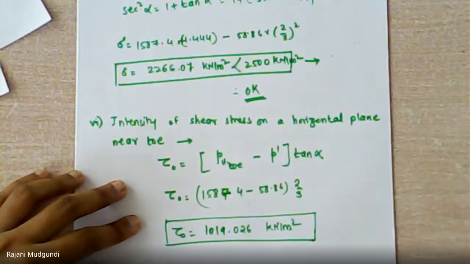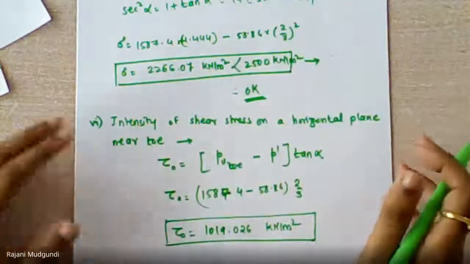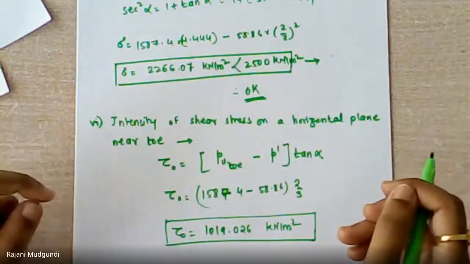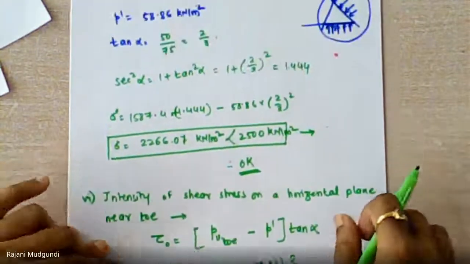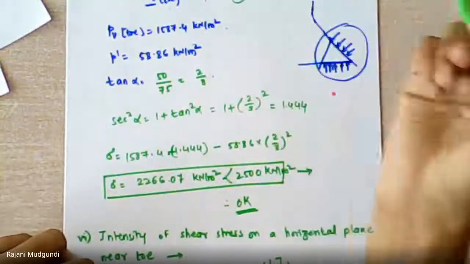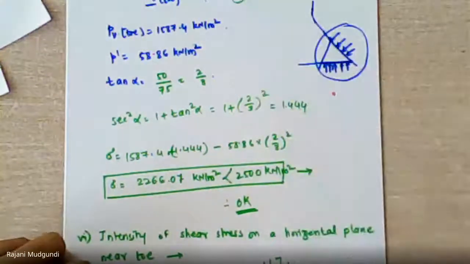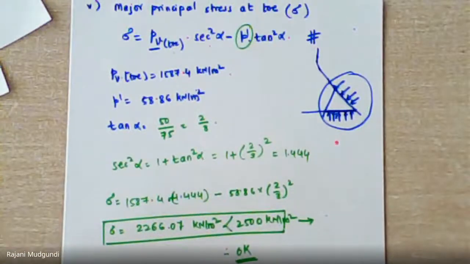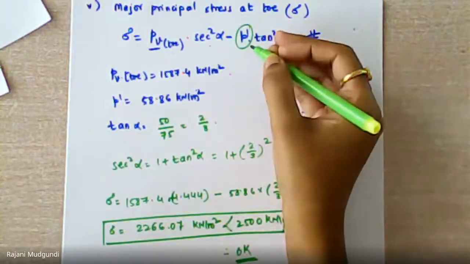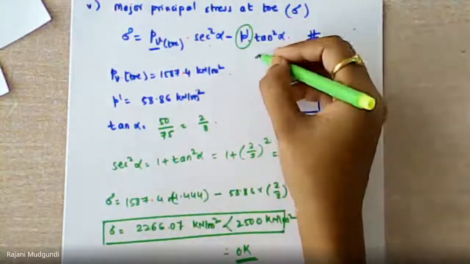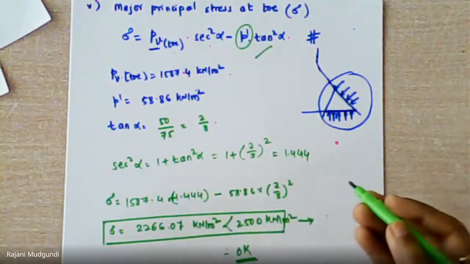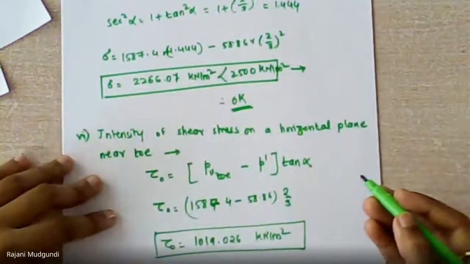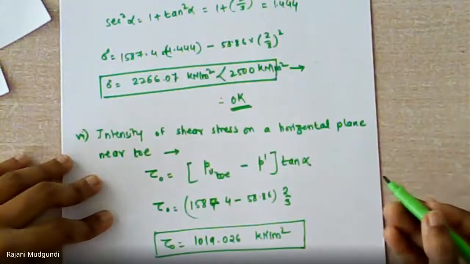So the alteration that can be made to this problem is this: here they have given you the tailwater on the downstream side. Therefore, in these formulas, you have the component of P dash, or say hydrostatic pressure or pressure intensity on the tail side or downstream side. If no tailwater is there, then this factor would not be considered in the calculation of major principal stress, as well as in the intensity of shear stress on a horizontal plane near the toe.